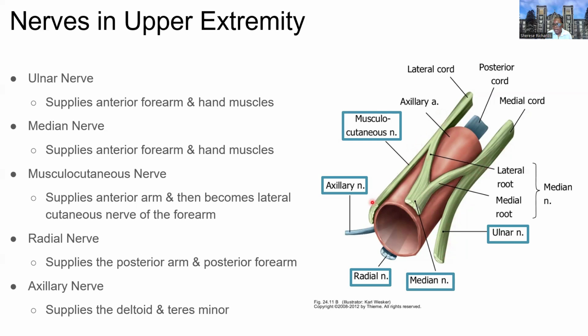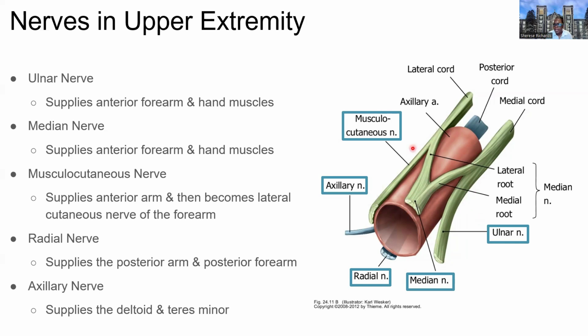So lateral side of the M, musculocutaneous, middle of the M, median, medial side of the M, ulnar. Okay, lateral, middle, and medial. Now that will help you understand that as soon as you find the M and you find lateral versus medial, automatically you can identify those first 3 nerves: the ulnar nerve, the median nerve, and the musculocutaneous.